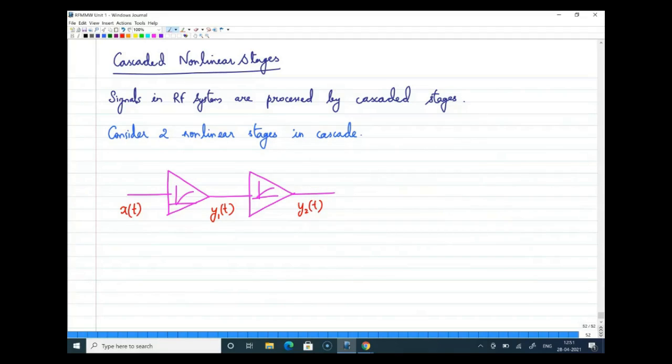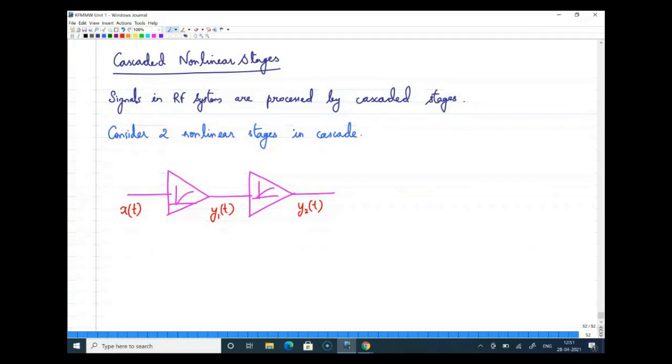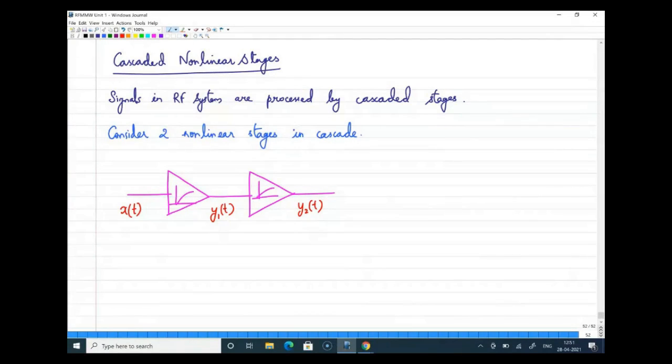Previously, when we were writing the output components of a nonlinear stage, we used the coefficient alpha for everything. Now, since there are two stages, to make a clear difference between both stages, I will mark all the components of the first stage in terms of alpha and all the components of the second stage in terms of beta. Now, looking at the input components: at the input, what I am performing is a two-tone test.